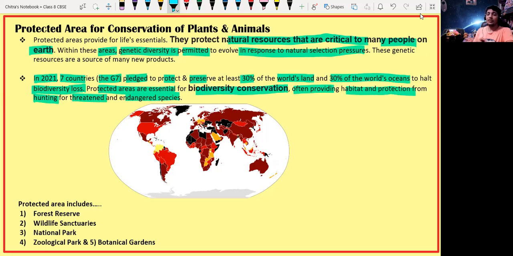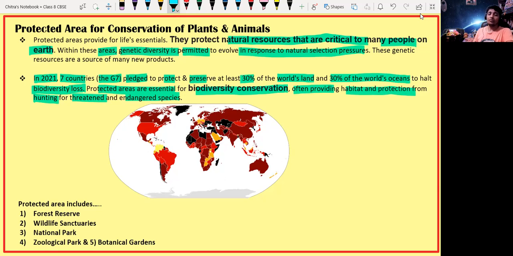People used to hunt animals in the jungle, so we have to prevent them from hunting. That's why these areas are reserved for those plants and animals that can become extinct in future.